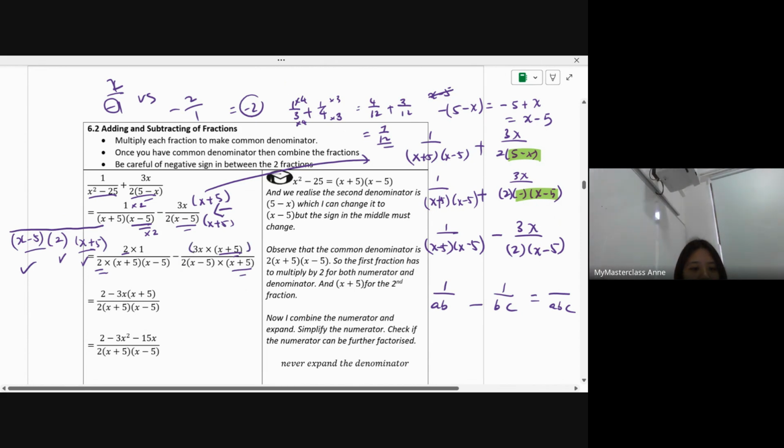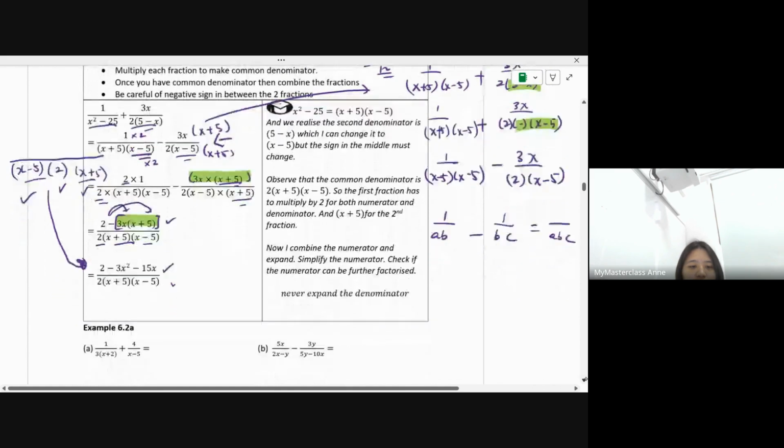This whole thing is minus. So 2 minus 3x times x, I get minus 3x squared. Minus 3x times 5, I get minus 15x. So this will eventually be my final answer, divided by the common denominator that we have already taken into account, all the factors of each fraction. Okay, ready?